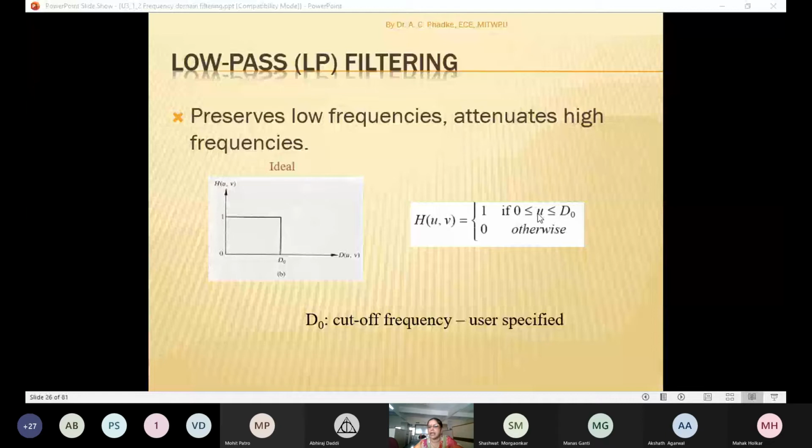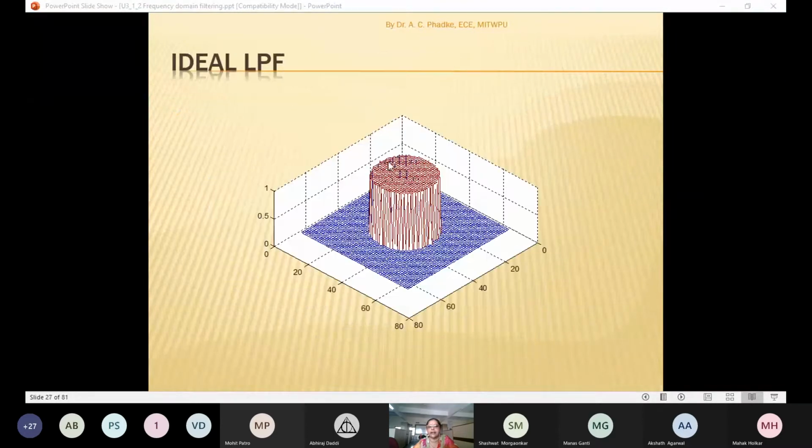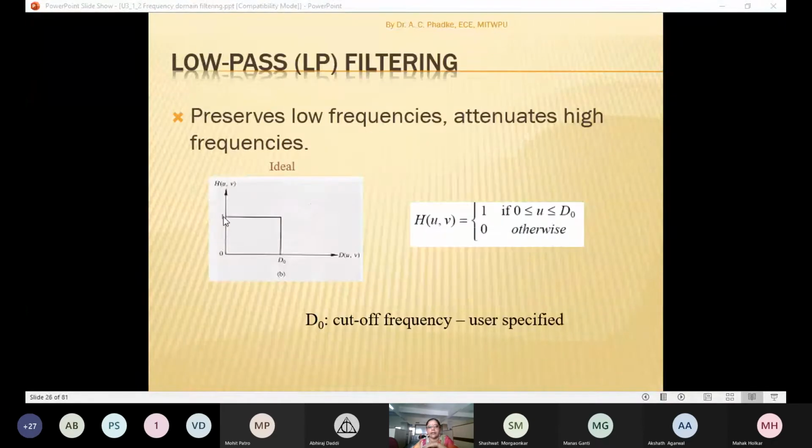And for images, along with u, we also need v; when both are within D0, it gives us the ideal low pass filter. So here D0 we can call the cutoff frequency, and as shown in the next slide, your ideal low pass filter function looks as shown here. So when we rotate this rectangle around this vertical axis, we get a cylinder.